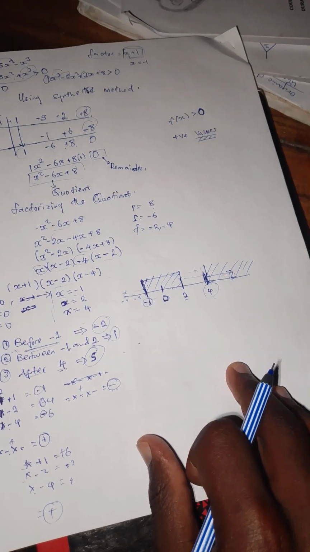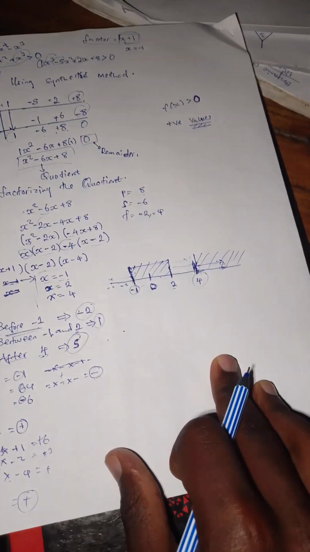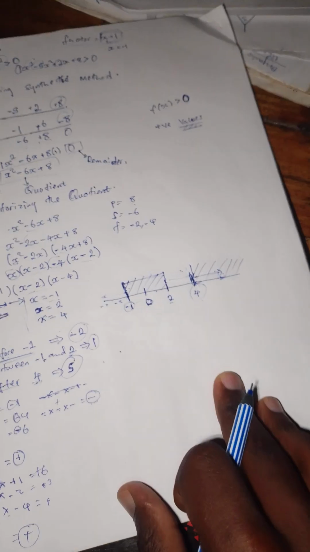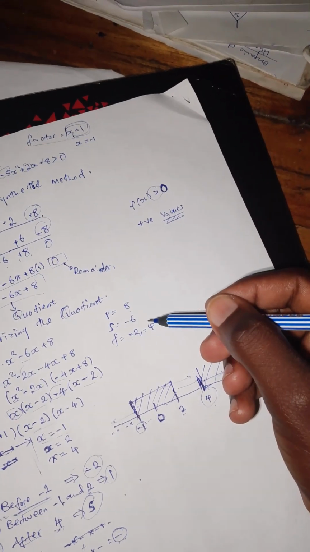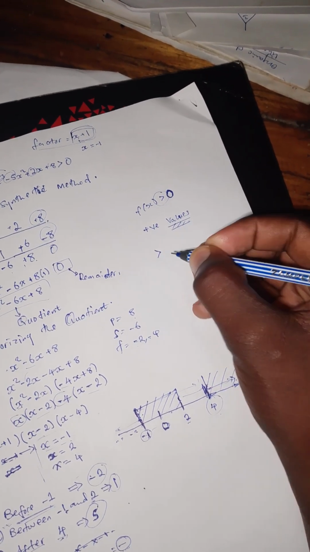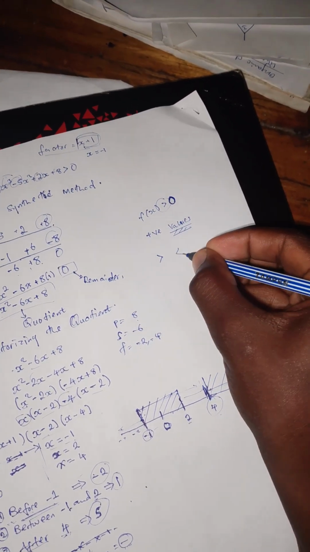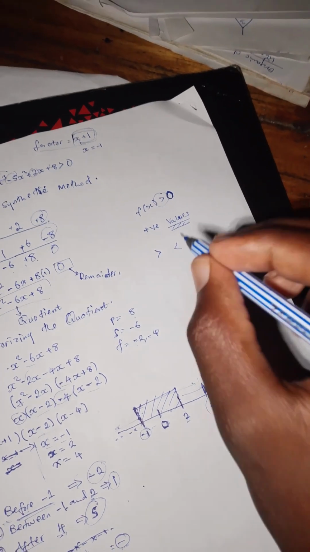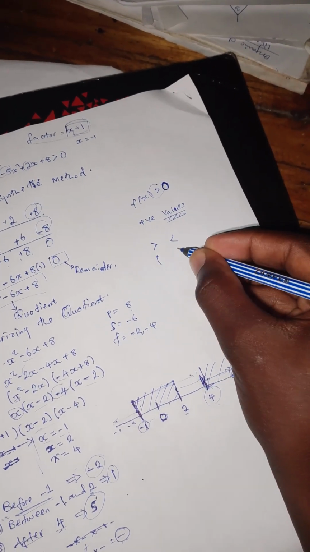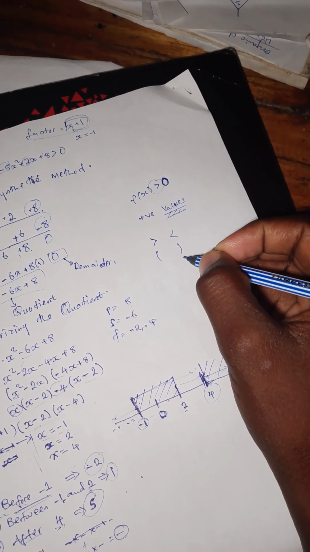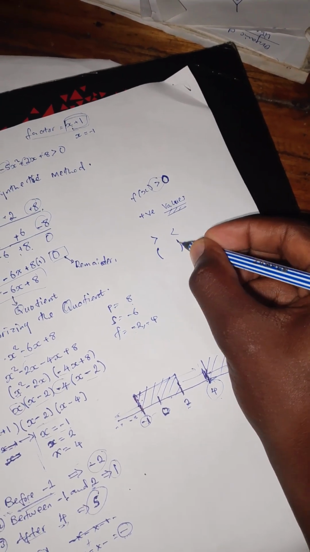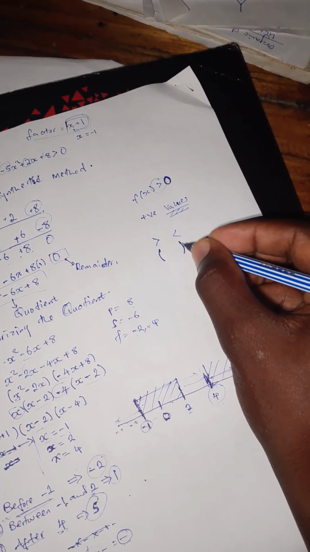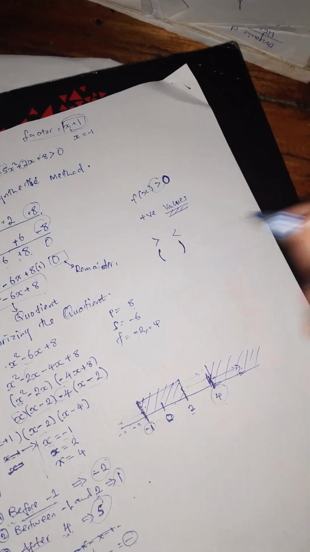Now, how do you write the range of x values that you want? Look at the inequality we have been given. If the sign is strict, the values are not part of the solution, and you indicate that using round brackets.